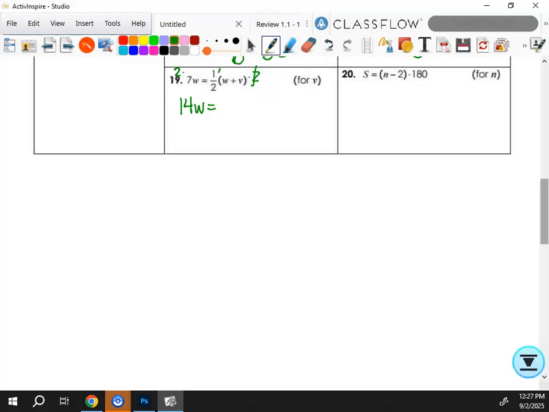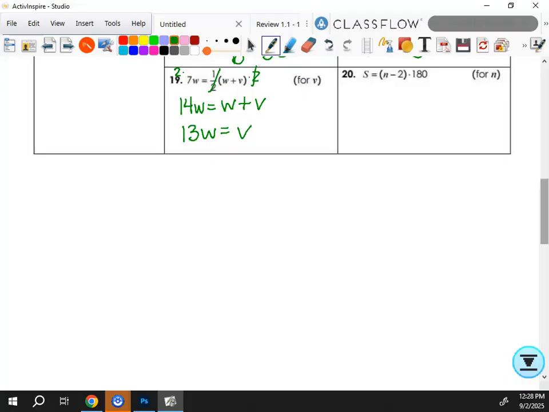The whole reason you did it was to cancel that out. So then that gives me w plus v. We are solving for v, so we do what with w? Subtract it. Very good. So we get 13w equals v. Everybody good with that? Any questions at all?